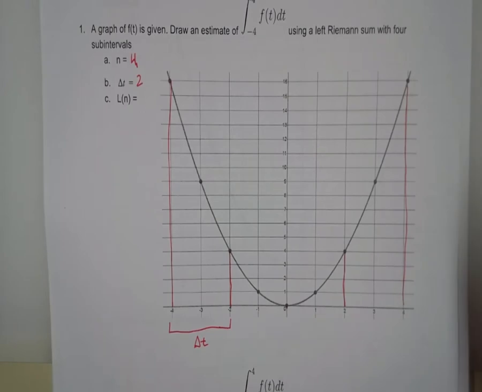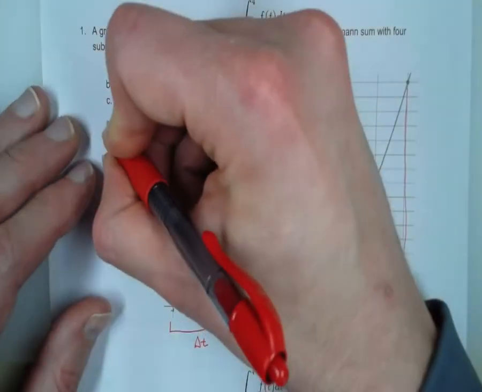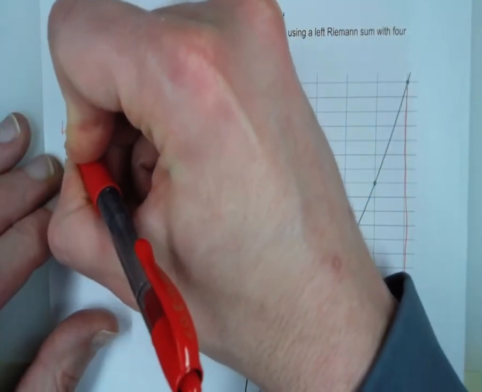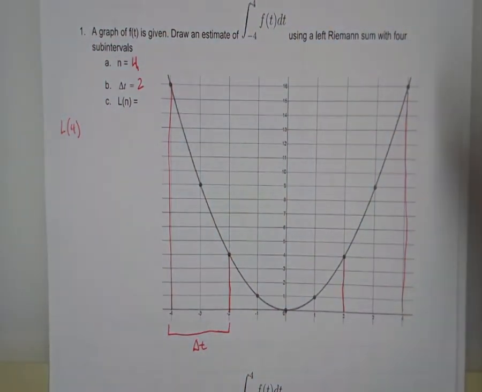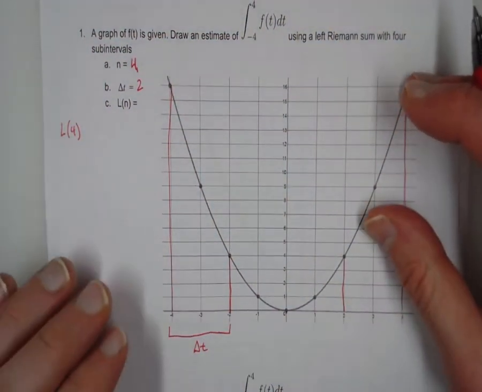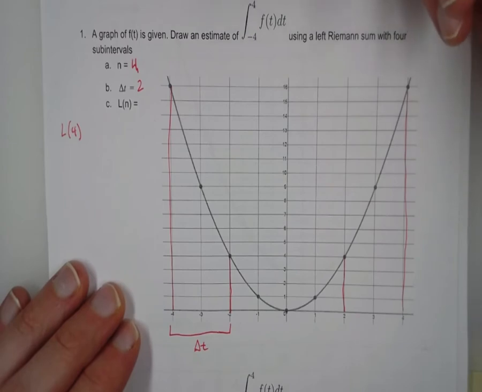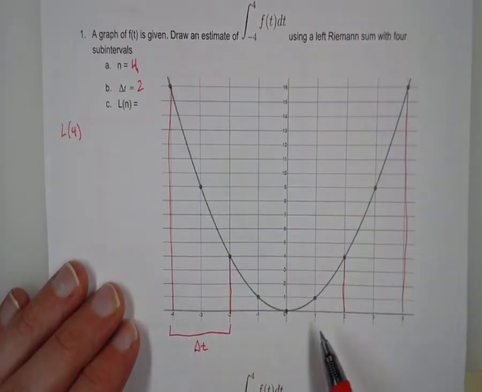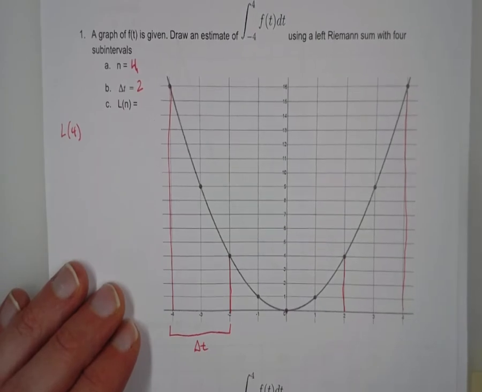And so now what we want to figure out is what is L of n, which in this case we want L 4. So we want the left Riemann sum with 4 subintervals. So what we do is approximate this area using rectangles. Now the widths are all the same, but what are the heights? Well, they differ.